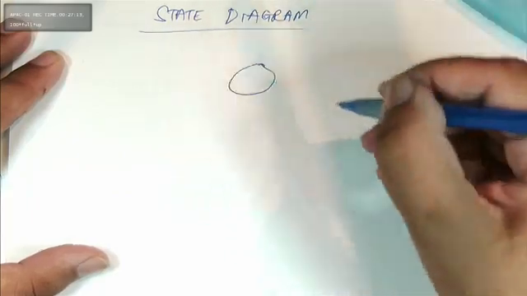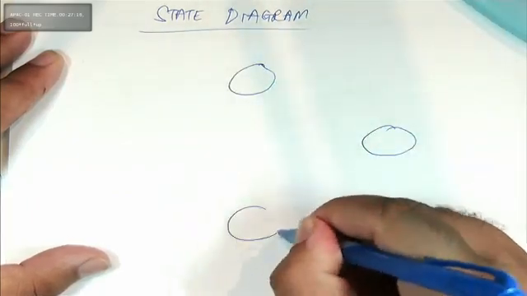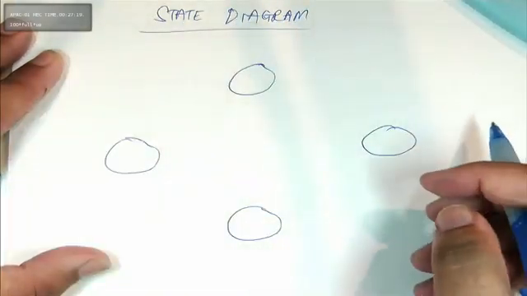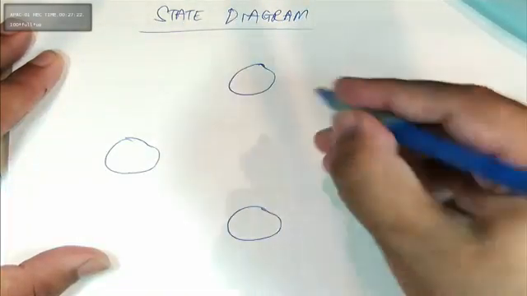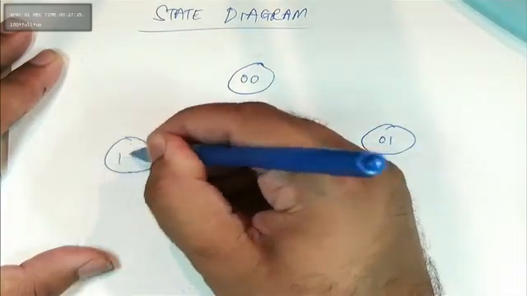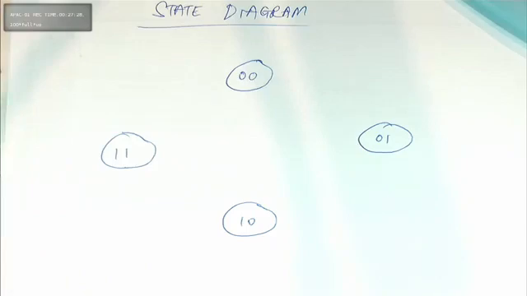So, 4 bubbles. 1, 2, 3, 4. Put it in a circular way. 4 bubbles. 0, 0, 0, 1, 1, 0, and 1, 1.